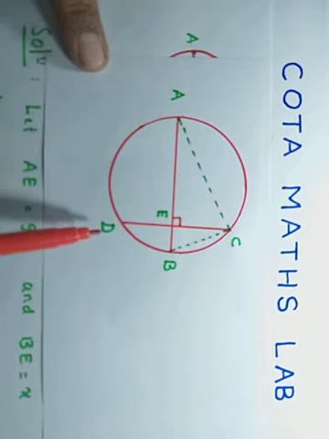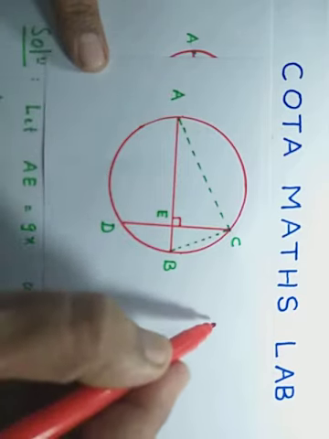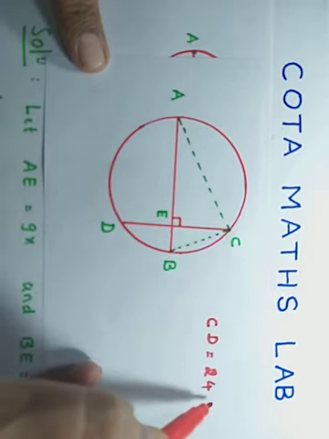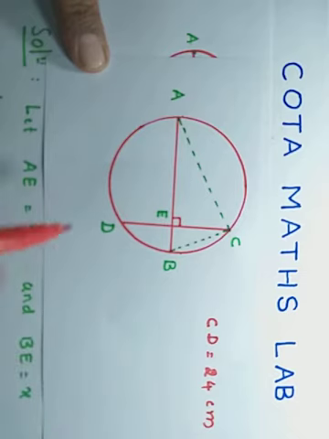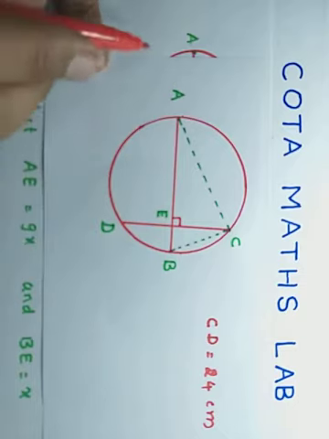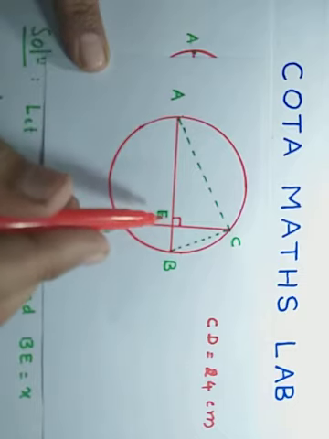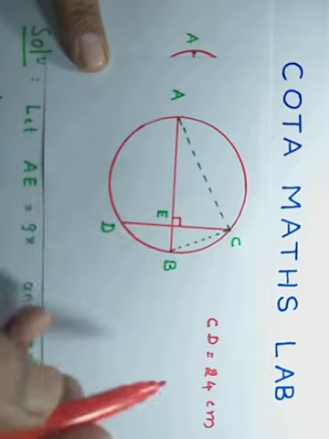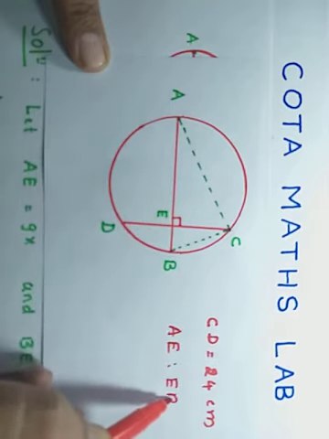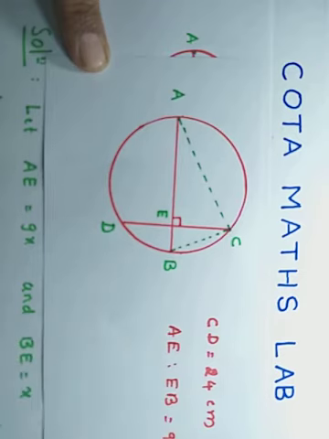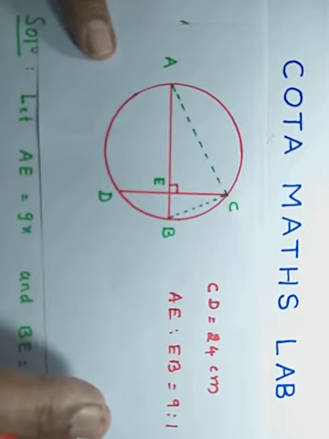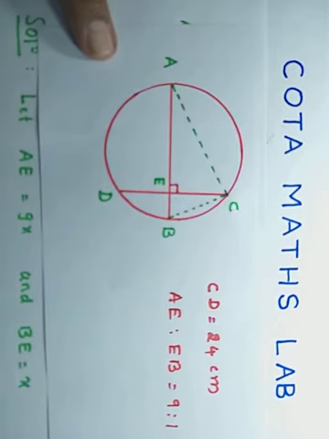CD is the chord, CD is equal to 24 centimeter, and AB is the diameter. CD intersects AB at E such that AE is to EB is equal to 9:1. Keeping this in mind, we will now proceed.